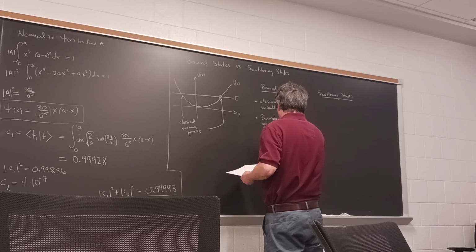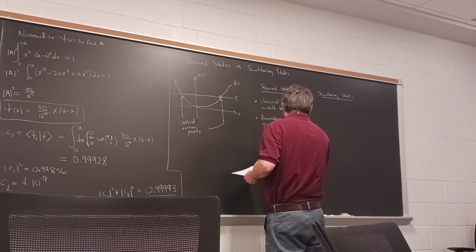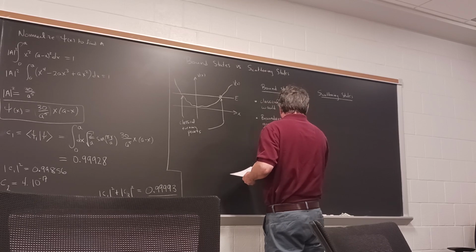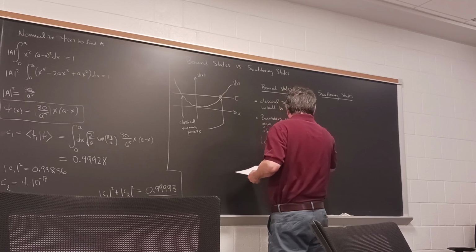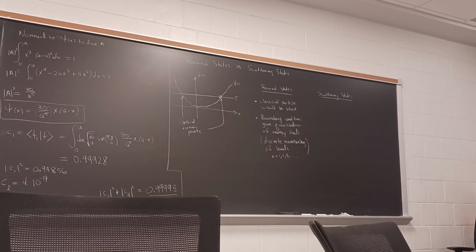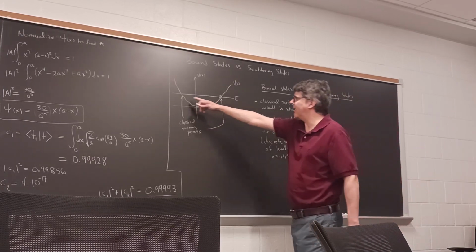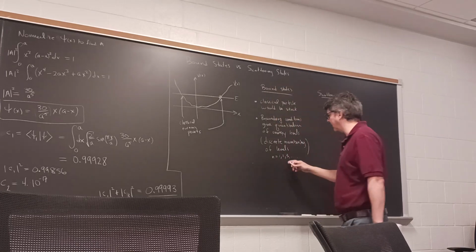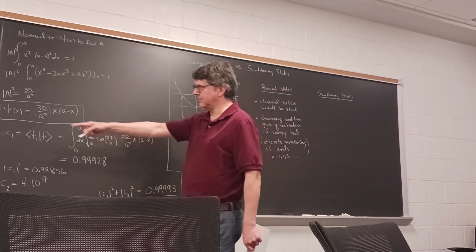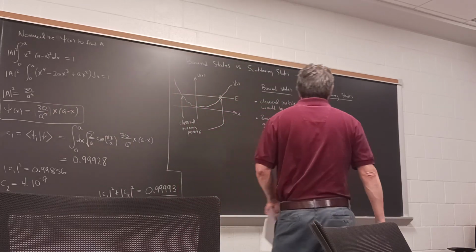So this is a discrete set, and you can number the states in a system that's bound with a discrete set of integers, just as the infinite square well has.